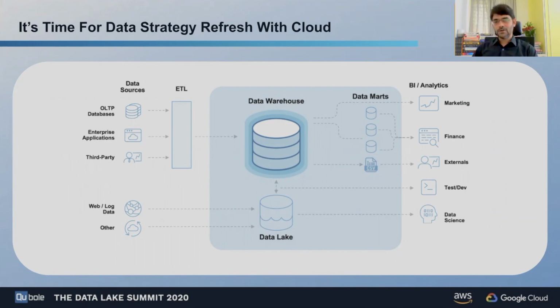In your to-be state, in a perfect state, once these issues are addressed, the end result will probably look something like this. You have multiple data sources: OLTP databases, enterprise applications, and third-party services sending data. You ETL, and some of that goes to the data warehouse. Other types of data, like web logs and unstructured videos, basically all types of data, will go to the data lake too.